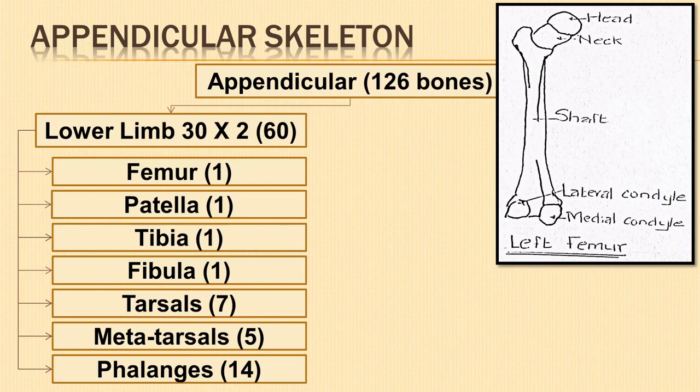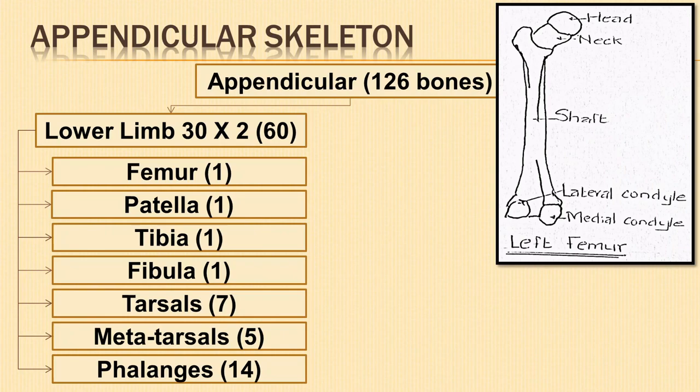It is differentiated into 3 parts: head, the middle rod-like part called the shaft, and the condyle. The head of the femur articulates with the acetabulum forming the hip joint. The distal part of the femur articulates with the tibia and patella forming the knee joint.